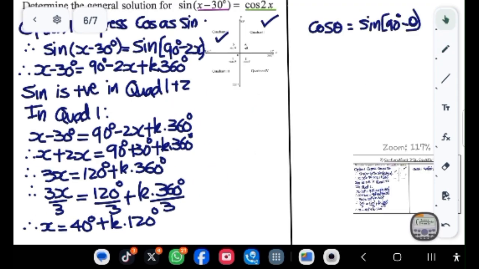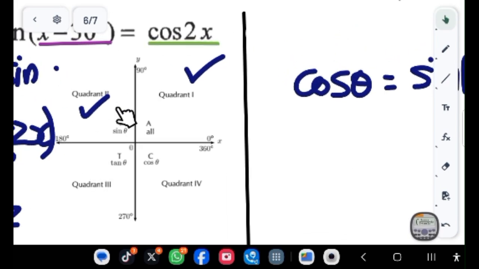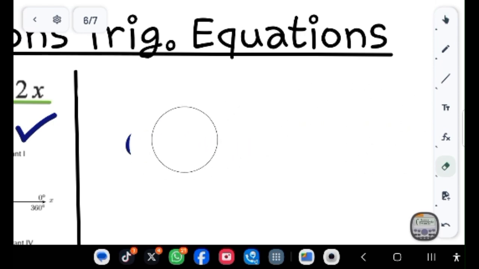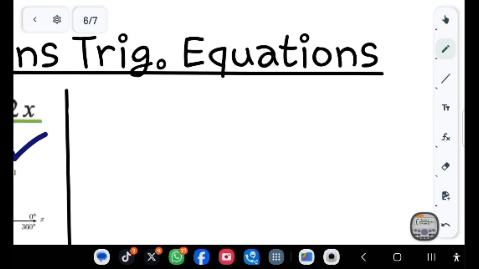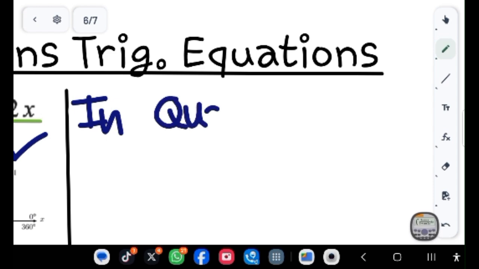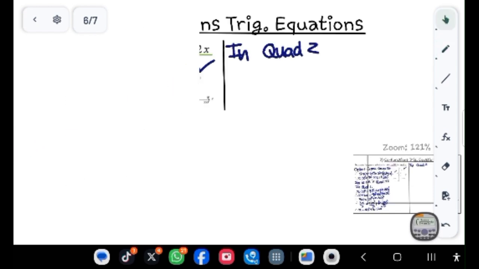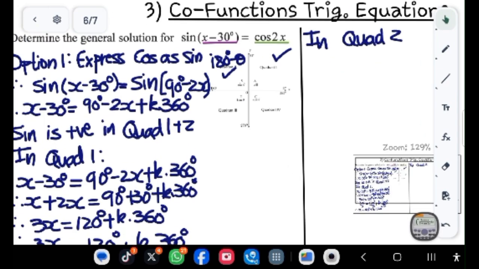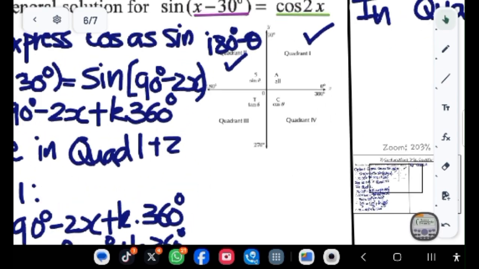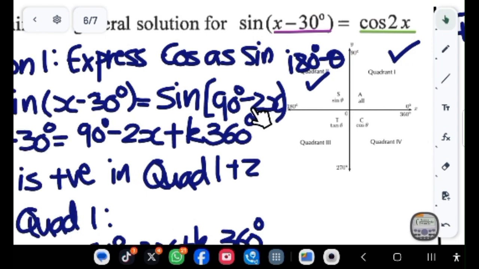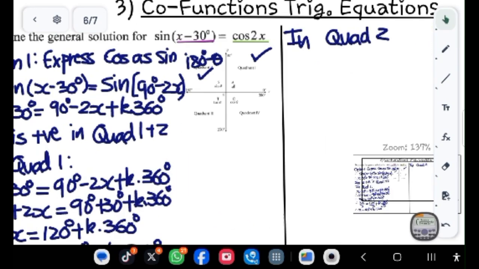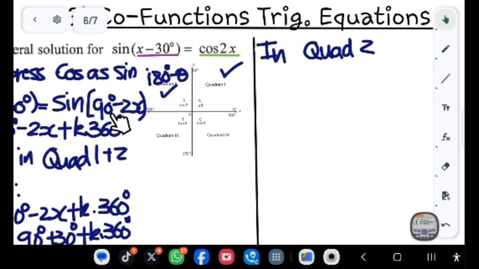All right, now in quadrant 2, sine is positive also. So this is the scenario we have in quadrant 2. Remember, in quadrant 2, your angle is 180 degrees minus theta. So the angle that we used as a reference angle, which is on the right hand side, because that's what we turned into a sine, will have 180 minus that.